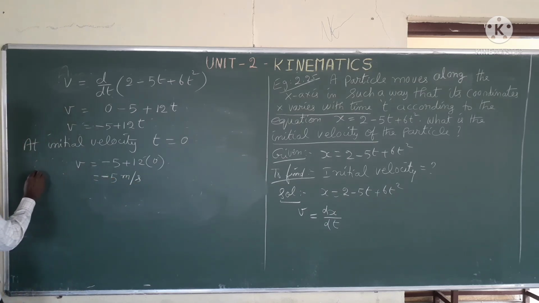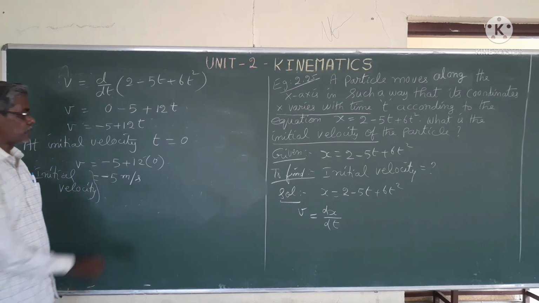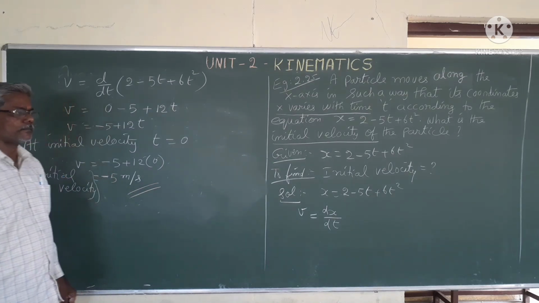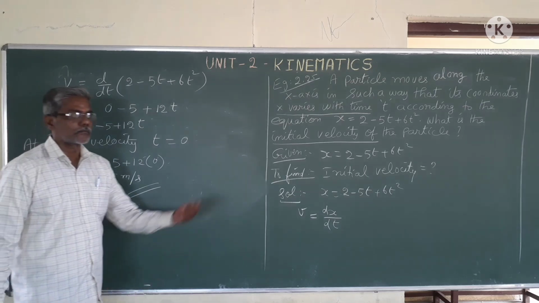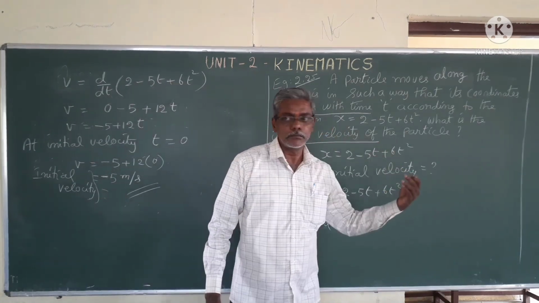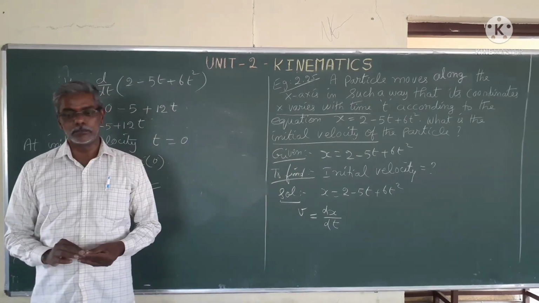So initial velocity is equal to minus 5 meter per second. This minus indicates the particle moves in the negative direction. Understood?